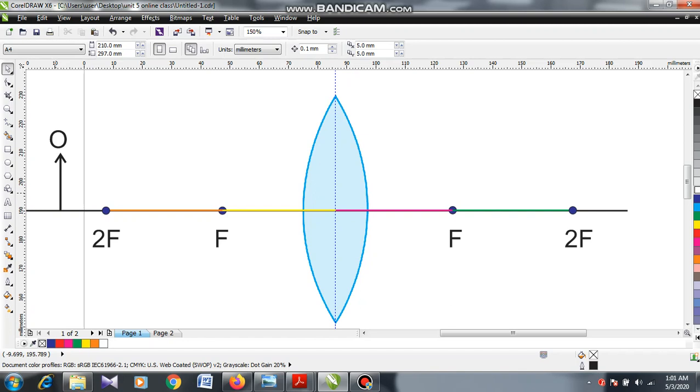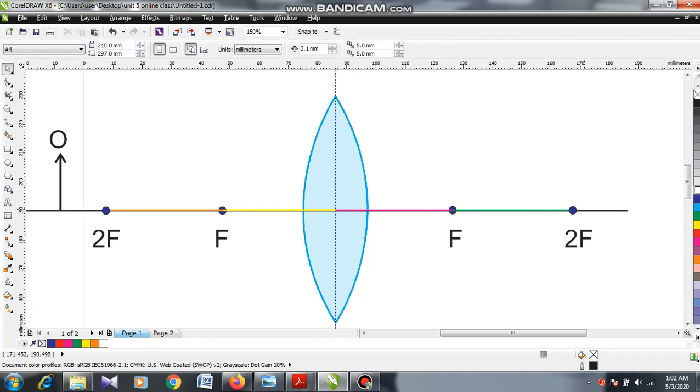The light rays coming from the bottom will travel along the principal axis, so the bottom of the image will be somewhere on the principal axis. It will not go beyond it. Finding where the head is located will decide where the image is located.